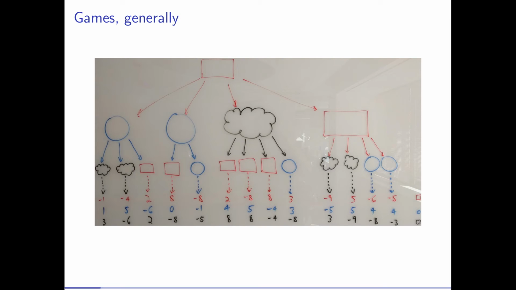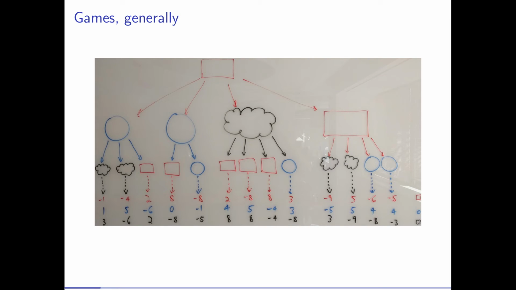So before I can tell you what Minimax is and does, I have to explain what problem it is trying to solve. So the problem we're trying to solve is to figure out how to play games. For the purposes of this talk, here's what a game is going to be. There's going to be some number of players in this game.